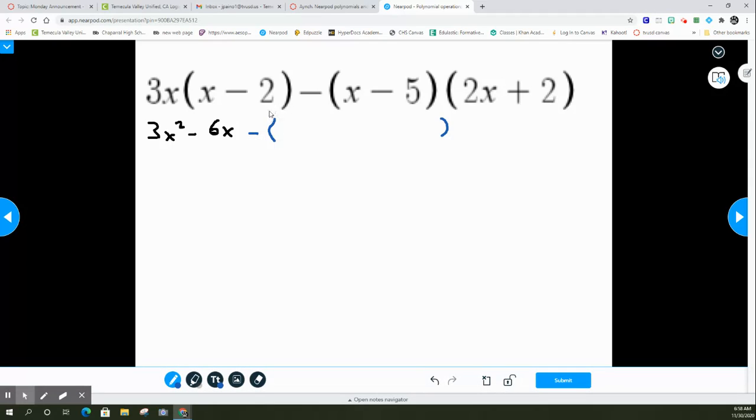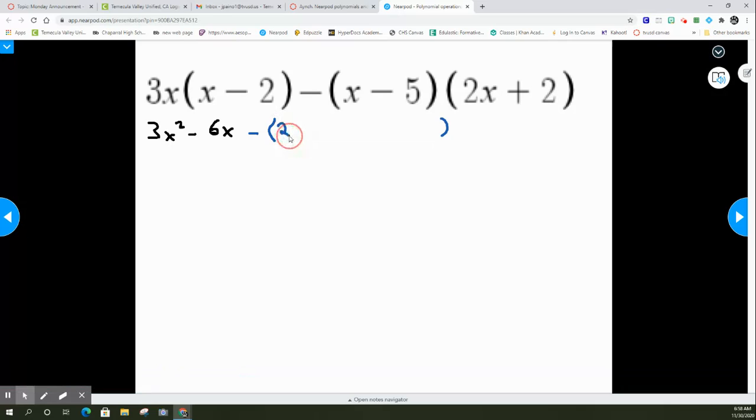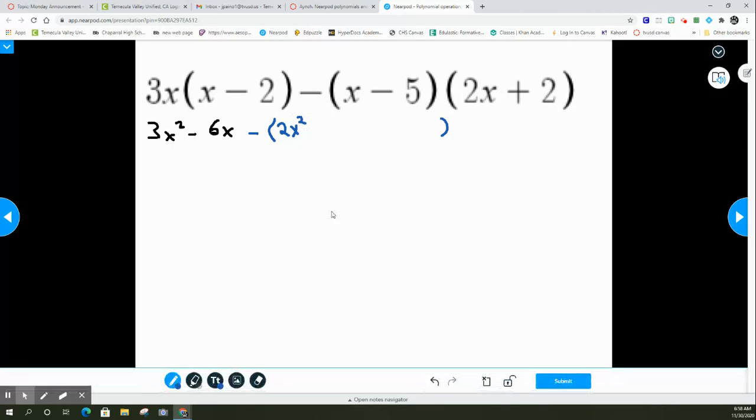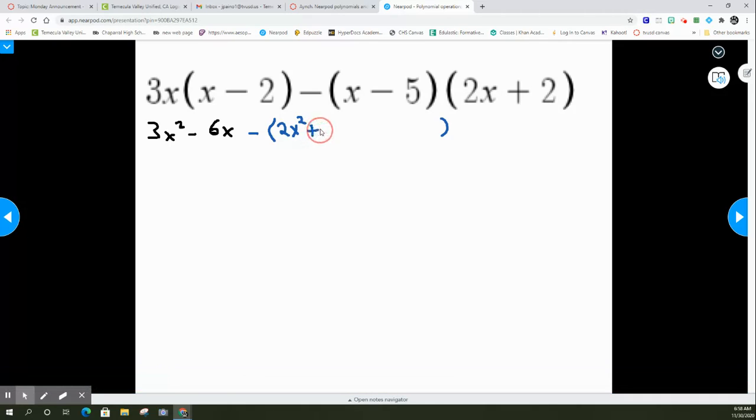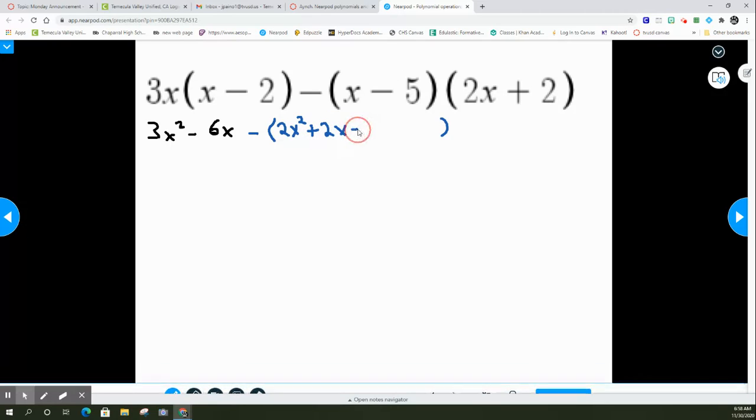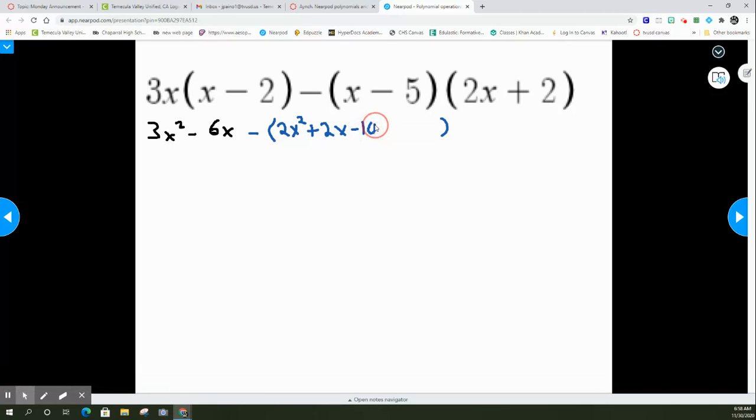All right, so it's going to be 2x squared and then plus 2x minus 10x minus 10.